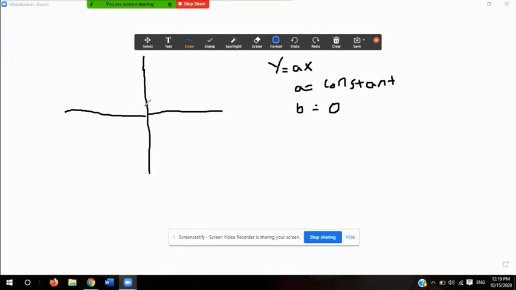So -4 and 8. If 8 is my y, let me draw the little tick marks: 2, 3, 4. I know this sounds kind of weird, me counting, but I'm just making sure that I draw everything as accurately as possible. 6, 7, and 8.